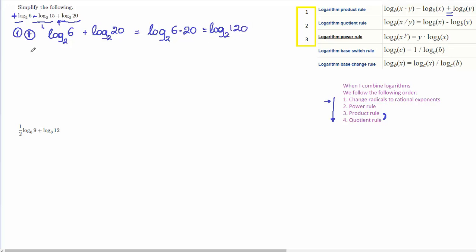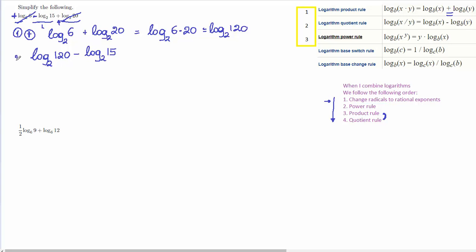Now I took care of this one and that one, and if I replace them by log with base 2 of 120, I rewrite my expression like this. So now I have two logarithms and I have their difference.